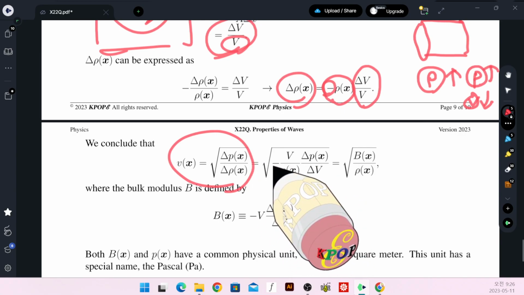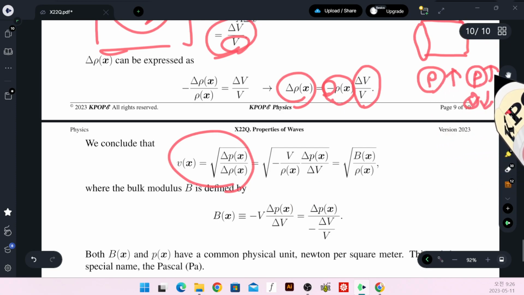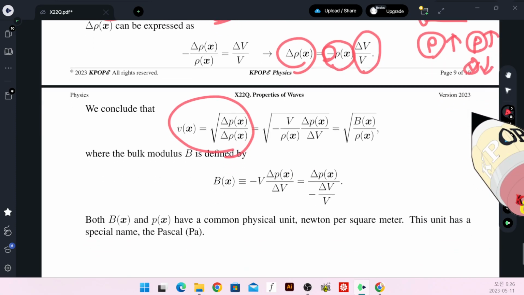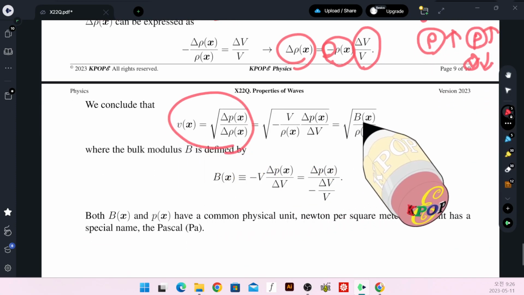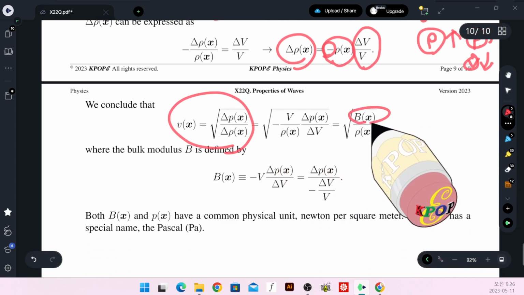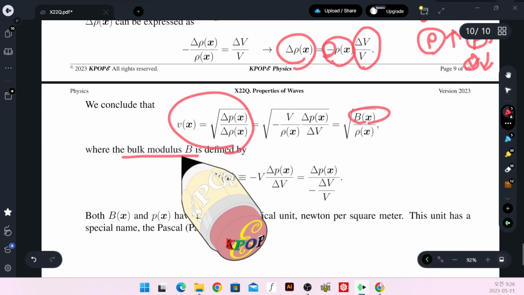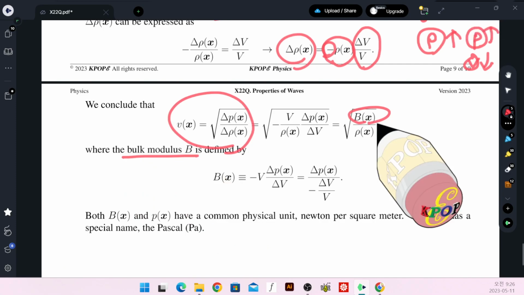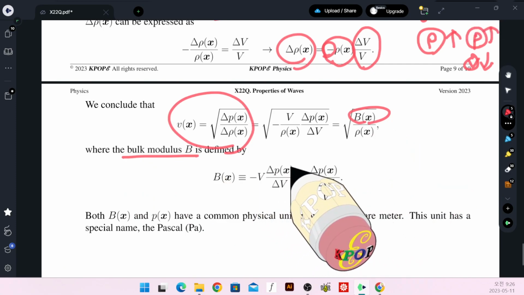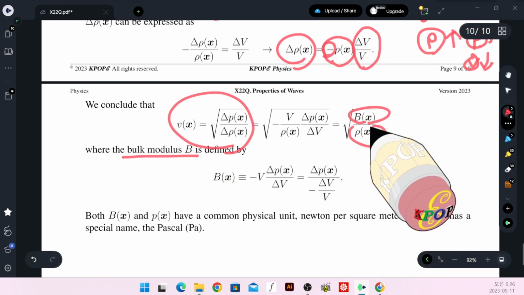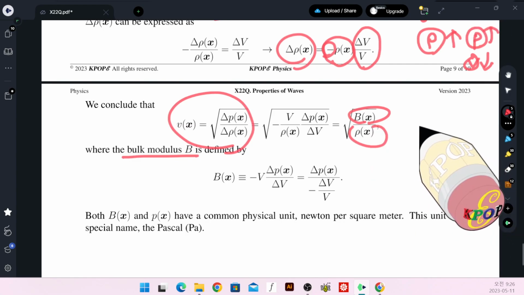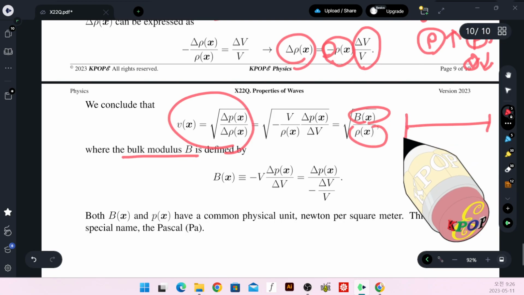The sign comes from this correlation among density, pressure, and volume. Finally, we define this one as the bulk modulus of this gas or liquid, divided by density.